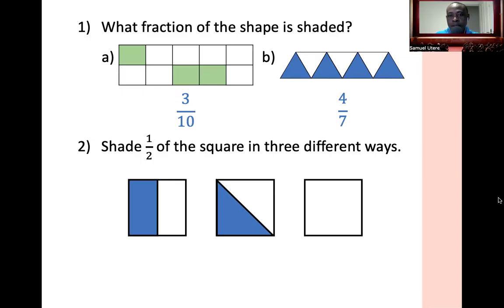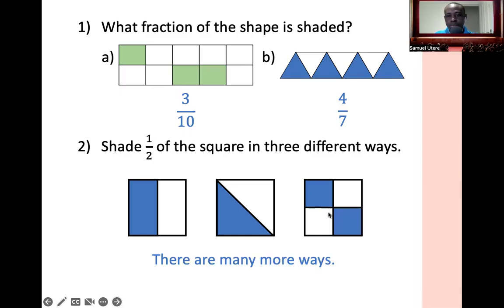And then we can also do it like this. All right. So we know these are quarters. We have split the square into 4 equal parts, and we have shaded 2 different parts out of those 4 equal parts. So 2 quarters make a half. But there are many more ways in which we can do this.